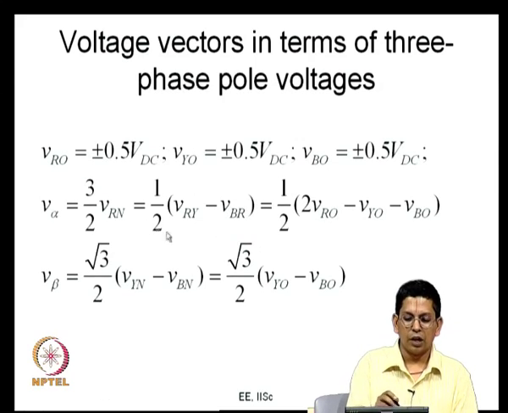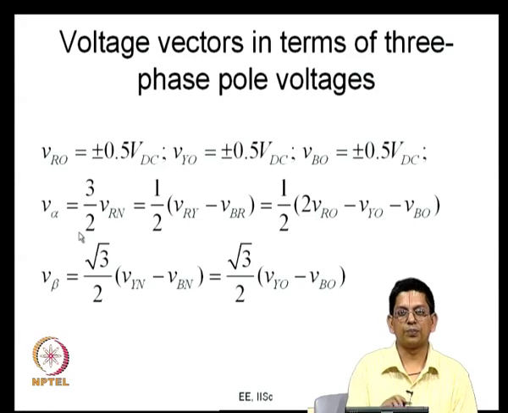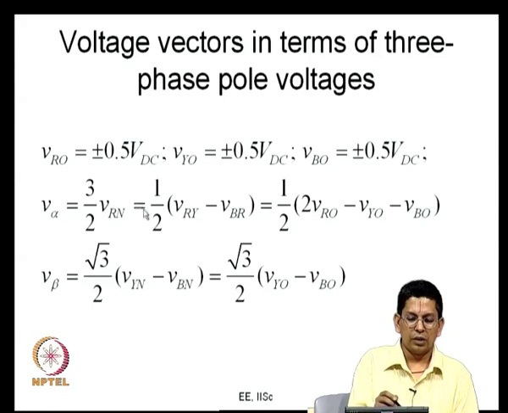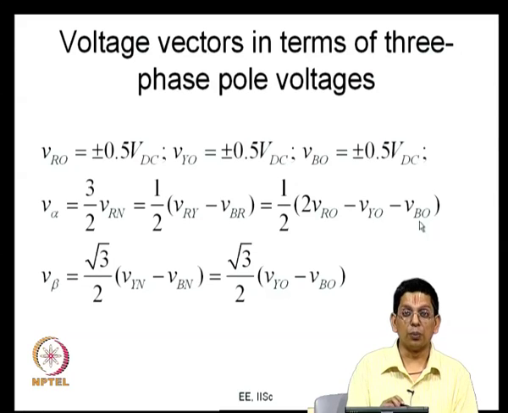Similarly, VBR is VBO minus VRO. So, if you plug in those, you get half of 2 VRO minus VYO minus VBO. This is your V alpha. The original space vector transformation is in terms of VRN. Now, we are trying to express that in terms of VRO, VYO, VBO. Now, you see that your V alpha does not depend on VRO alone, it depends on VYO and VBO also.